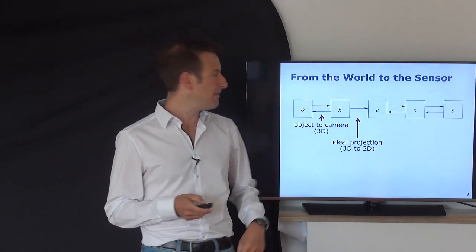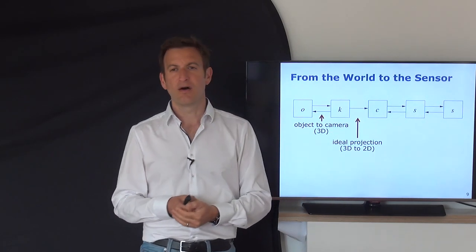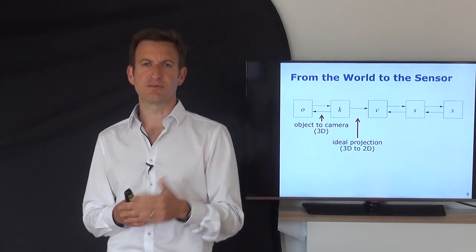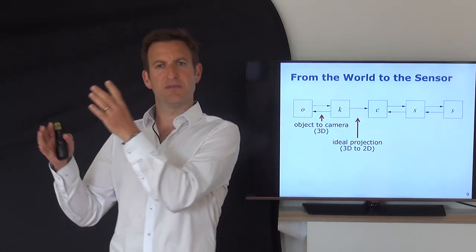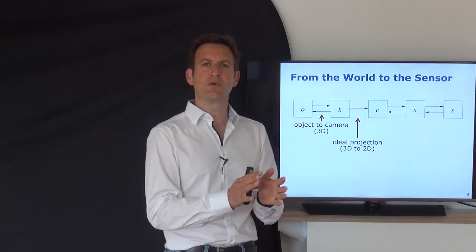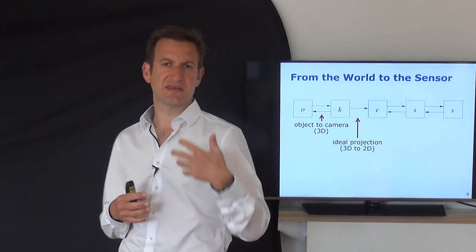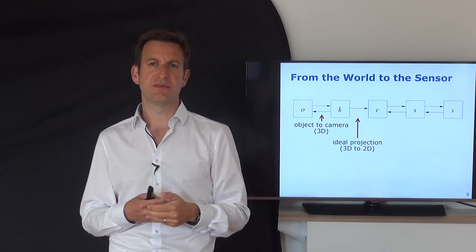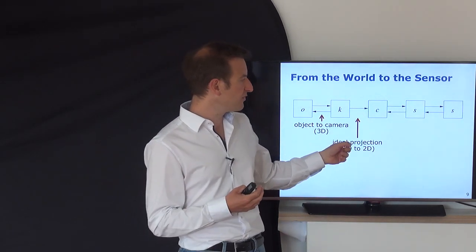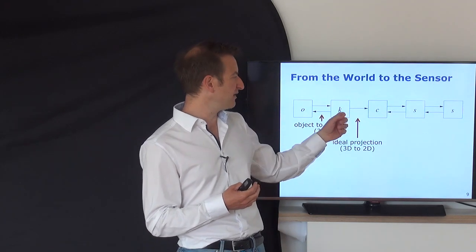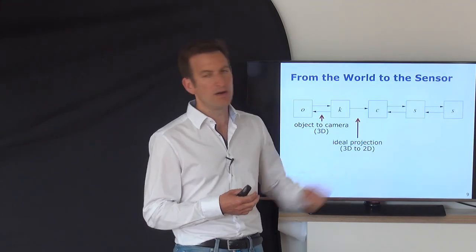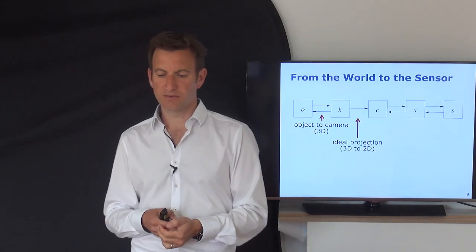Then we have the mapping from the camera coordinate system onto the image plane, and this is the ideal projection. Here we are going from a 3D coordinate to a 2D coordinate. That means we are losing some information, the missing depth information from a single image. That happens through this projection from 3D to 2D, from the camera coordinate system onto the image plane coordinate system.